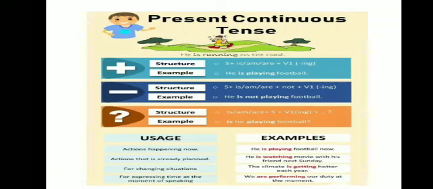Next is continuous tense. First one is present continuous tense. Now, as we all know that we have to use is, am, are. Okay. In continuous tense, we always use is, am, are. In present continuous, is, am, are plus first form of verb plus ing. Like, he is running on the road.